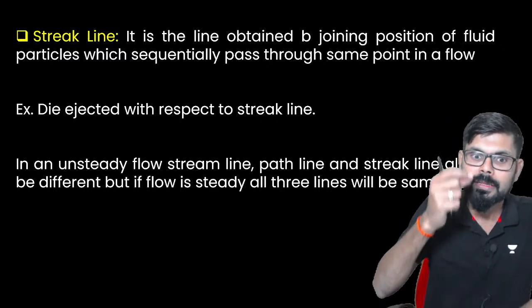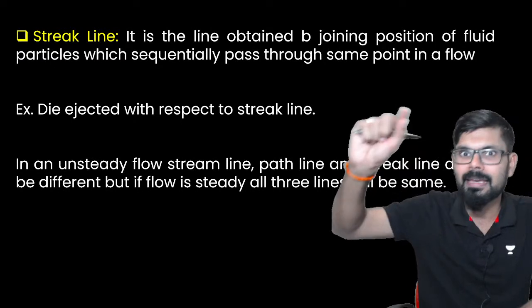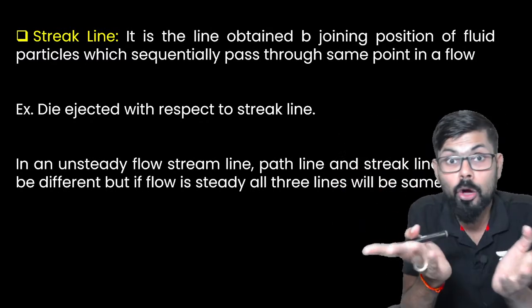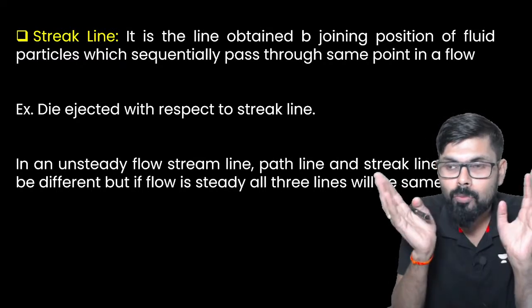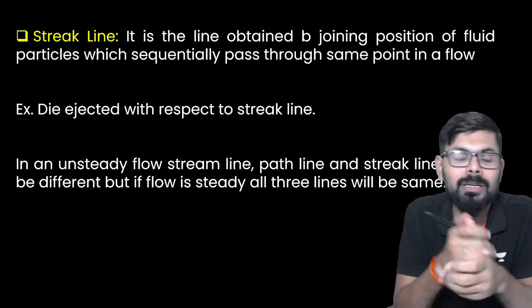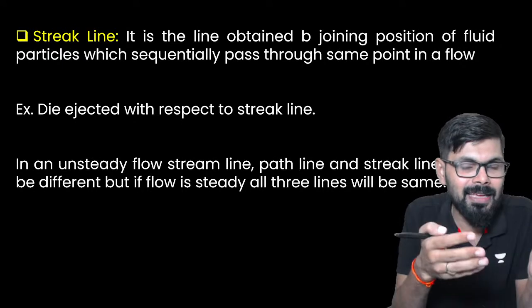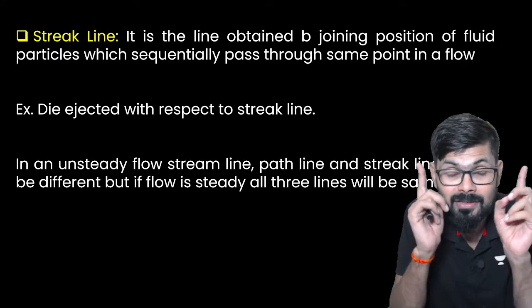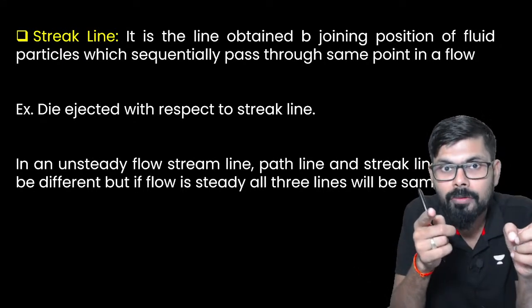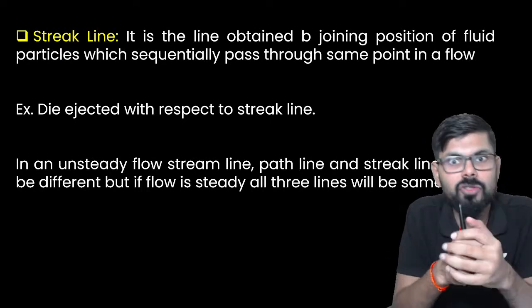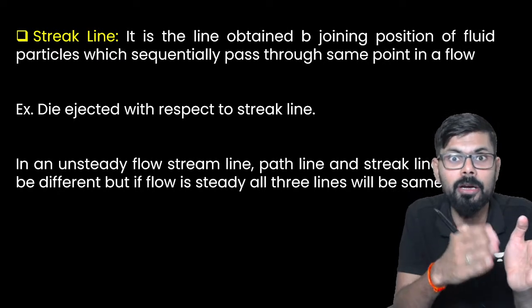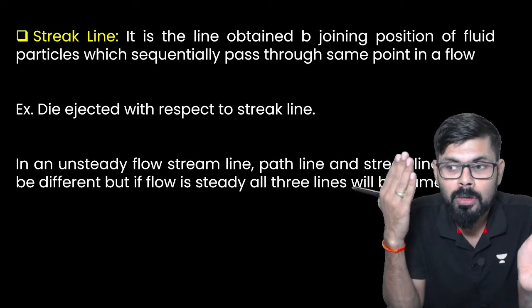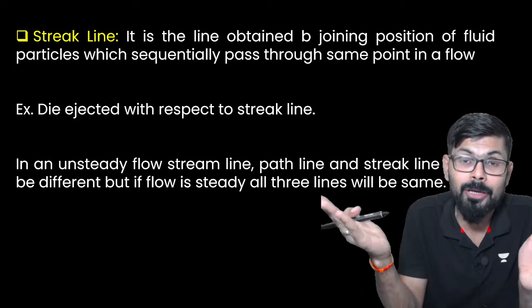So this is an imaginary line, and you cannot draw it exactly, you cannot draw it practically. Most of the time students think that the lines we are discussing are actually drawn practically. All the lines are not drawn practically. Very important. Even the streak line is not drawn practically.